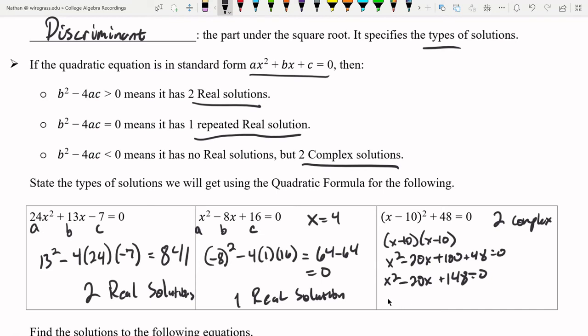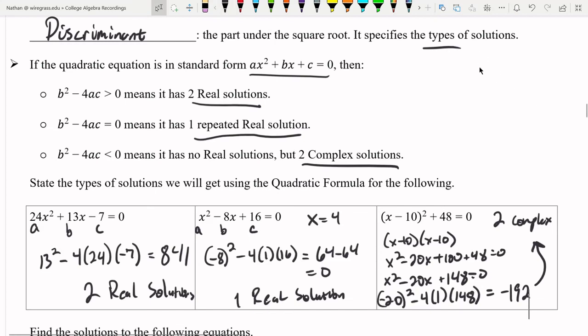So we have B squared minus 4 times A times C. Doing that gives us 400 minus 4 times 148, which is -192, which gave us two complex solutions. So that's just the confirmation that the discriminant does actually do what it tells us. And it's a quick way of finding out what kind of solutions you want.